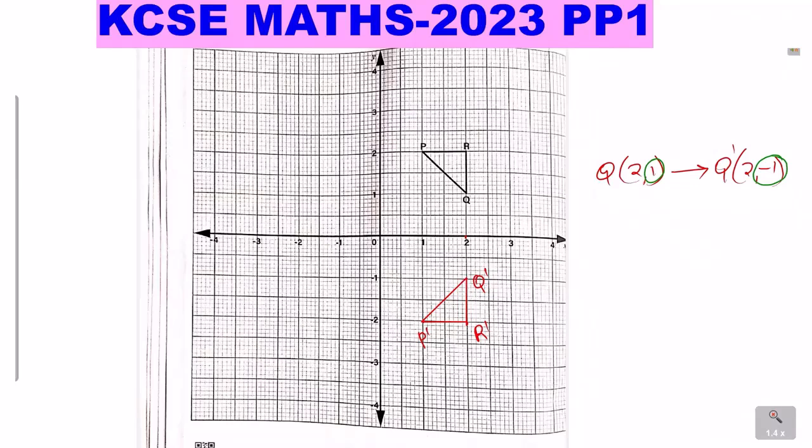The first thing we do in enlarging is join all the object points to the center of enlargement using a straight line. So we start with P. Join P to the center of enlargement like that. Then you go to Q, same to Q, then R, like that.